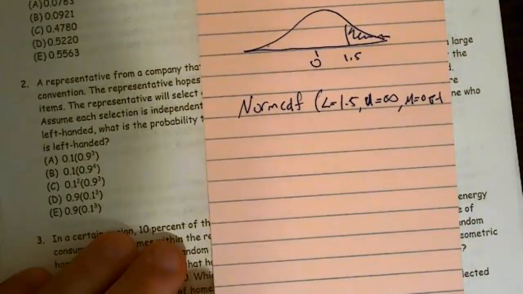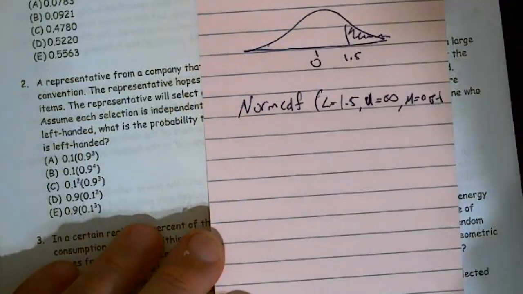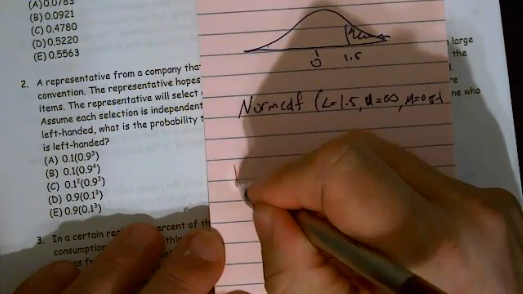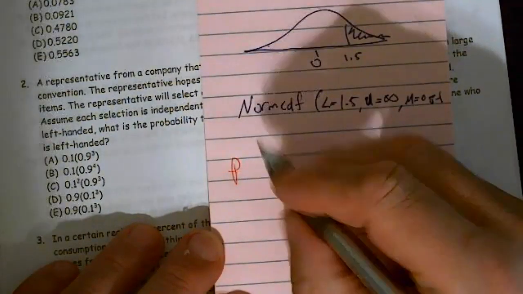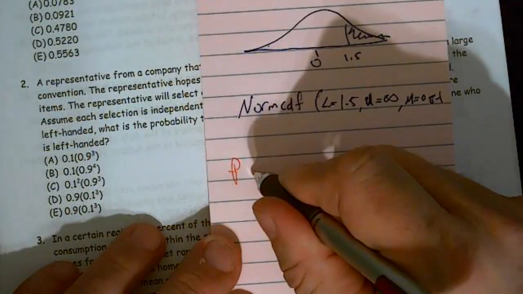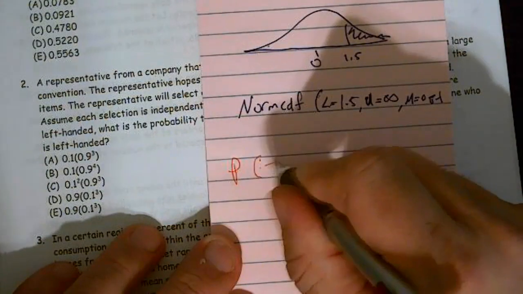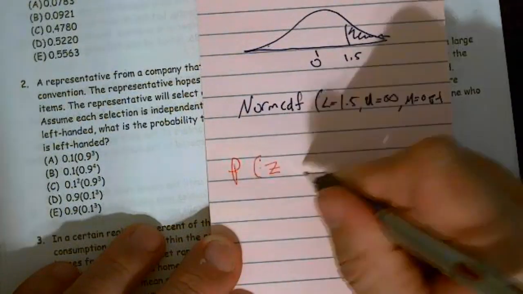On the other hand, what would be the case if they said, hey, what's the probability of being less than 1.3 standard deviations? So we want the probability of having less than 1.3. Well, that's the same as saying z-score of less than 1.3.